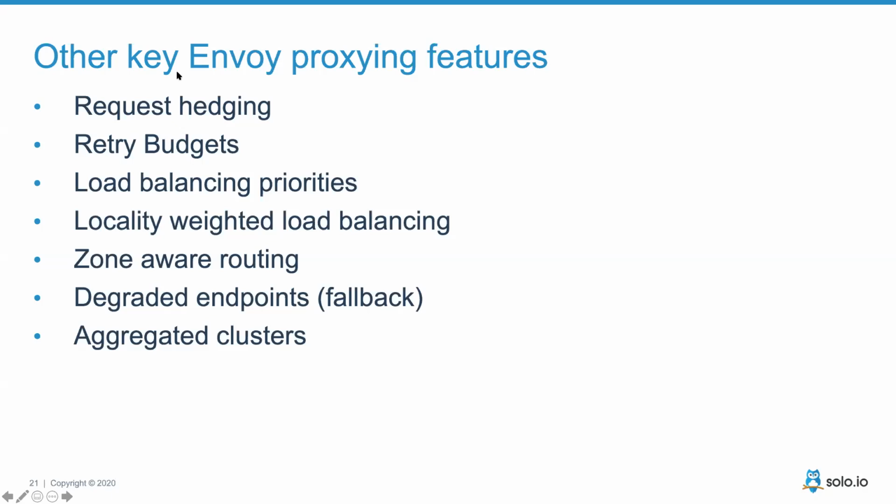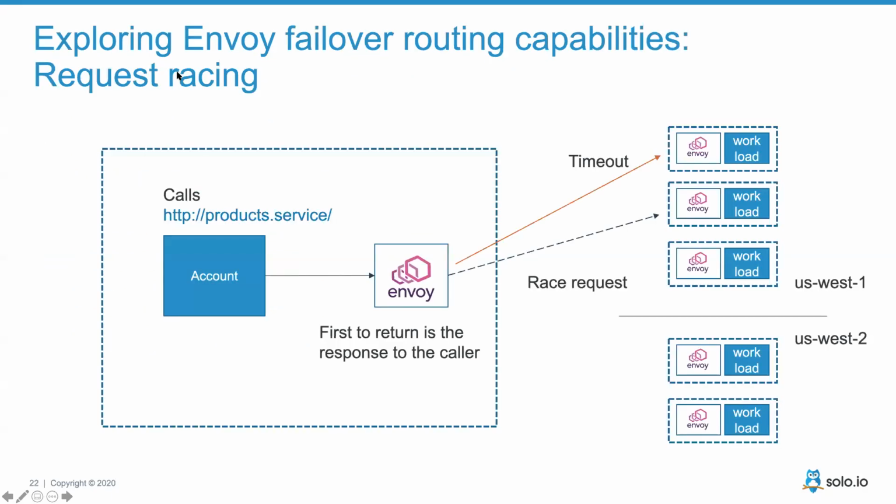So Envoy can do things like request hedging. Let's go through some of these. Request hedging, request racing. What that means is if account tries to talk to another service and that other service starts to misbehave, maybe it's overloaded with something else and it's taking too long, Envoy can notice that on a timeout event and automatically retry to a different endpoint in that cluster.